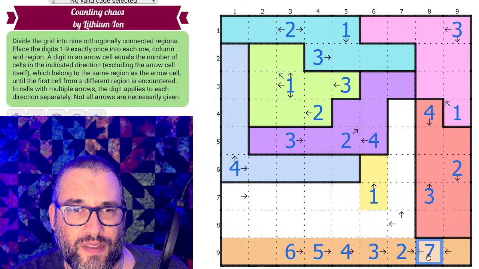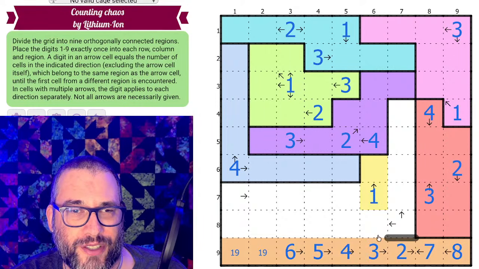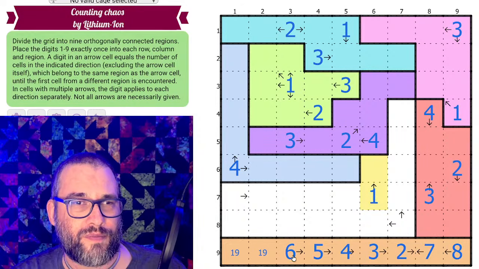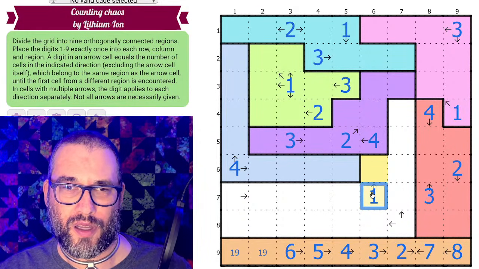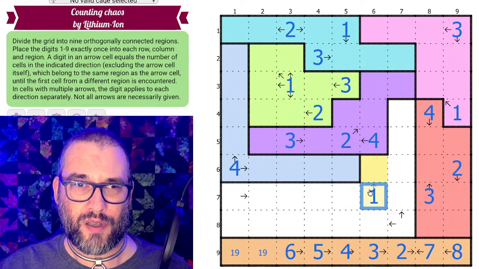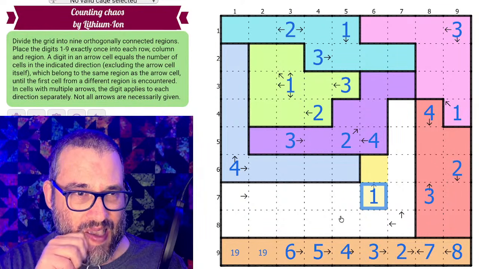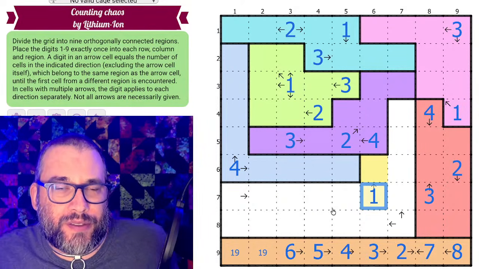So that's a 7, that's an 8. And this is a 1-9 pair, and orange is done. So everything else is yellow and an unidentified region.